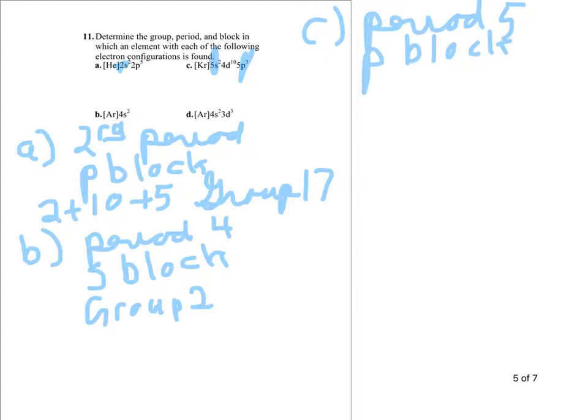And to find the row, or the column, group for P block, again, 2 for the S, plus 10 for the D, plus, in this case, 3 for the P, because it says 5p3, so we're in 2 plus 10 plus 3, we'd be in group 15.